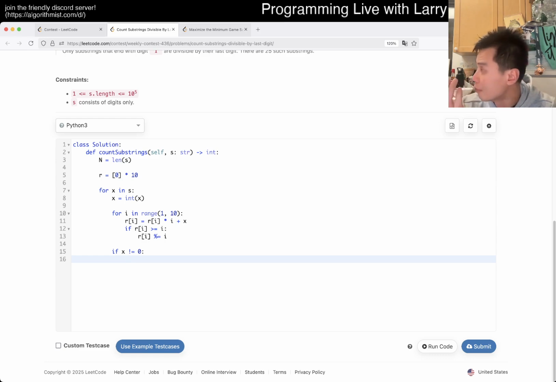I had it in my head, but I forgot. No, you have to keep track of the count, not just the mod. Is this times another 10? But is that right? No. We could do it for every 10 digit, right? So that's not that big of a deal.